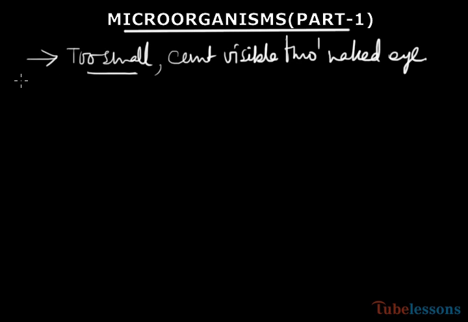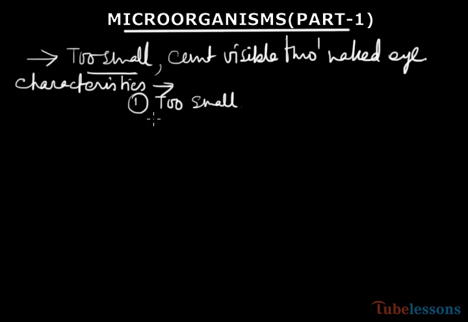So, what are the basic characteristics of microorganisms? First of all, they are too small, as I have told earlier. Number two, found everywhere, which means air, water, soil, and in and on living organisms.